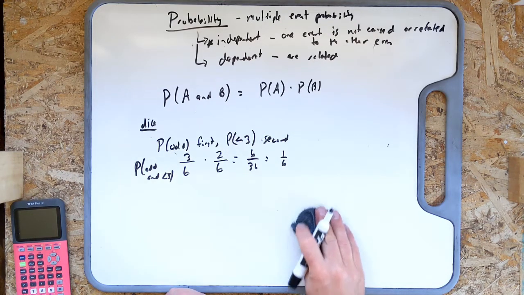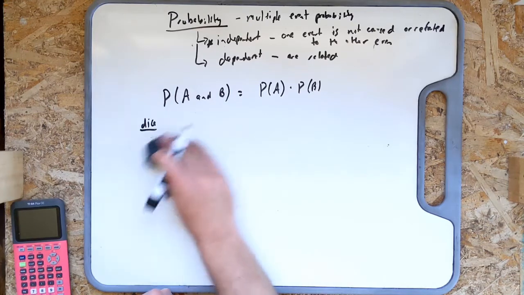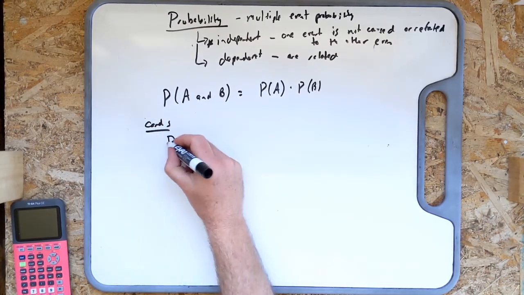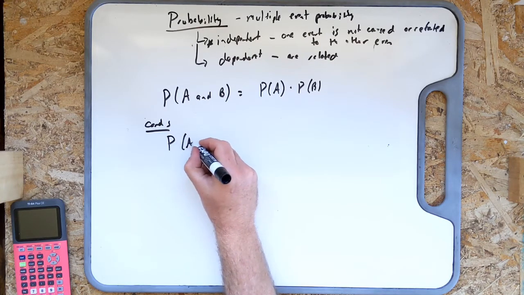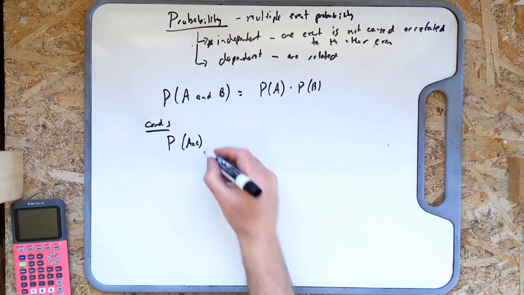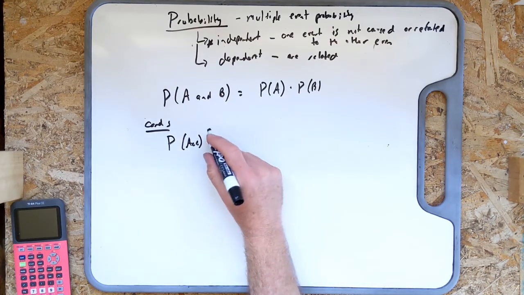Okay, let's do a card example. So what is the probability of picking an ace from a new deck, I'll talk about why that's important in a moment.